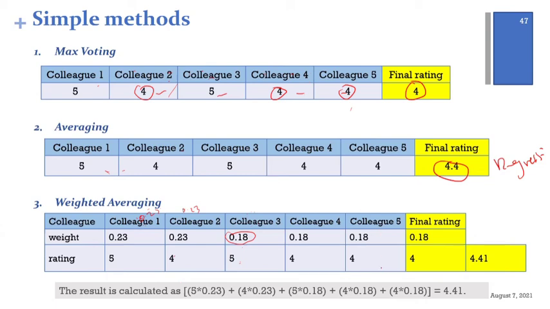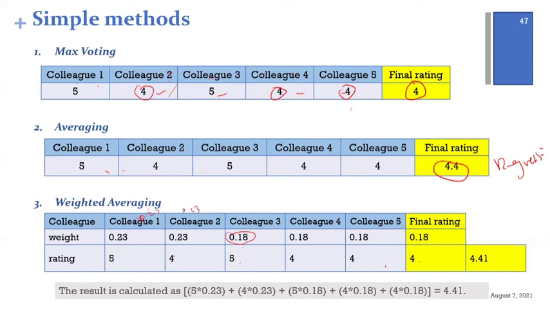The output is going to be calculated by multiplying their results, their ratings, by the weight, and then summing it together to find the average. This is weighted averaging. Sometimes in the maximum voting, we can also implement weights, in which case you assign them not a real number, but a constant value.